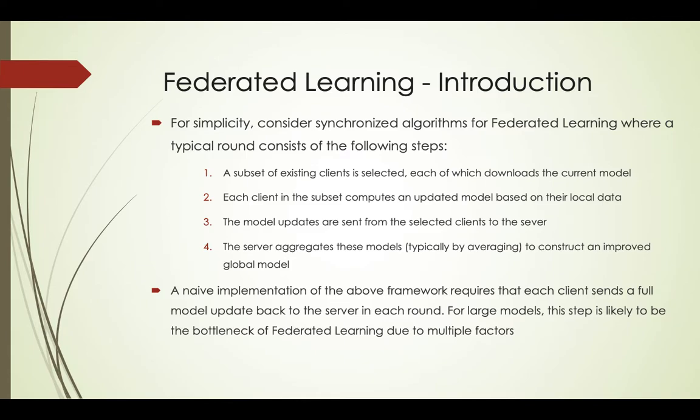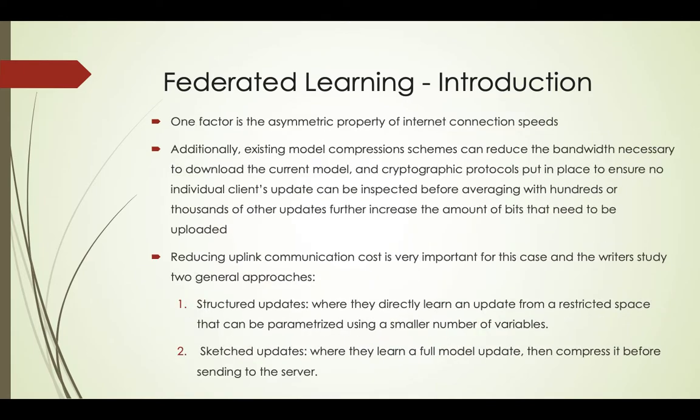A naive implementation of the above framework requires that each client sends a full model update back to the server in each round. For large models, this step is likely to be the bottleneck of federated learning due to multiple factors. One factor is the asymmetric property of internet connection speeds.